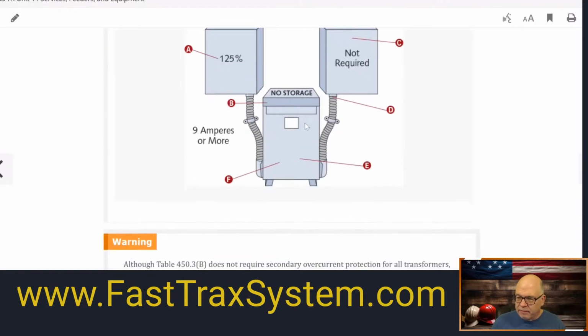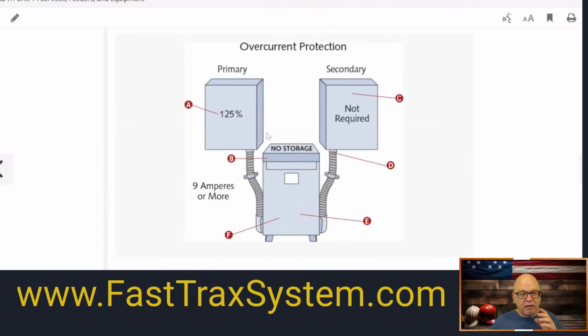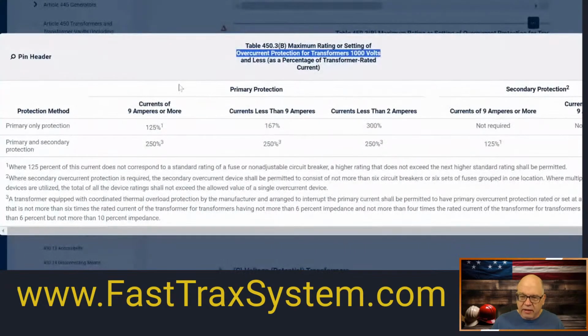Okay. The key thing to remember in all of this is that this right here is only the scheme for primary only protection, and I'll show it here again. You can only do this if you're doing primary only protection, okay, and you follow all of the rules. Then you can protect the transformer with primary only, and you can protect the secondary conductors with primary only protection.